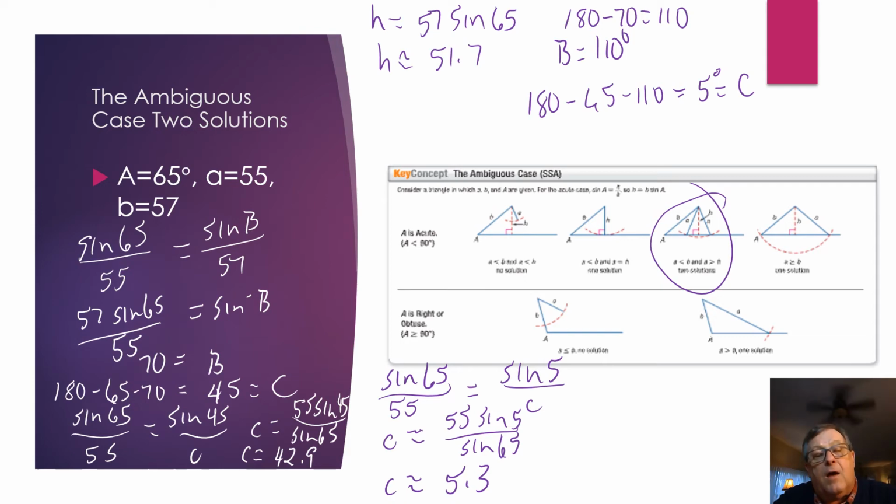And from that, we calculated a possible measure for angle C, which was 180 minus 65 minus 70, which left 45 as a possibility for angle C.